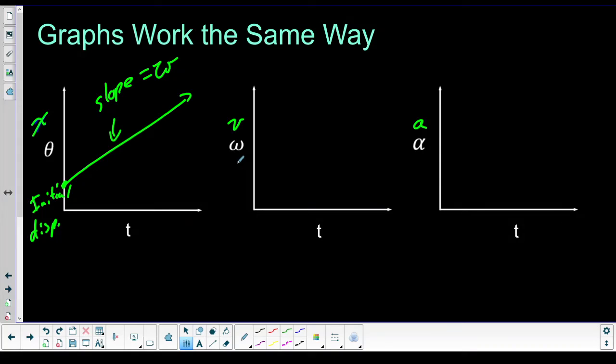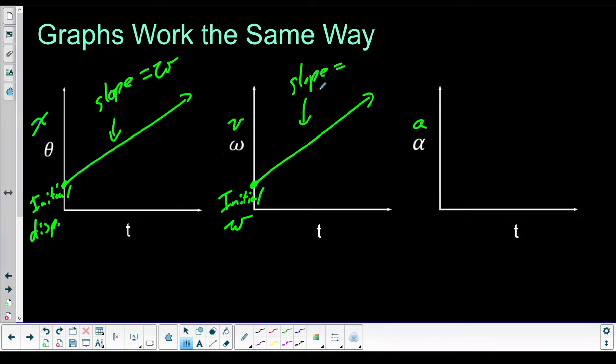For omega, for our angular velocity, if we have something like this, this y-intercept is initial angular velocity. The slope of velocity is acceleration.